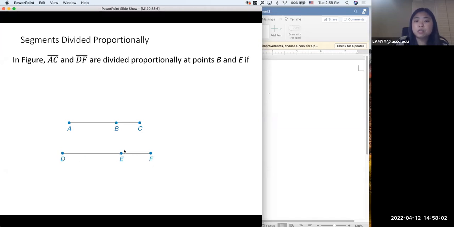E will be the point in between D and F here. So we say AC and DF are divided proportionally at points B and E if they are in this proportion: AB over DE equal to BC over EF.